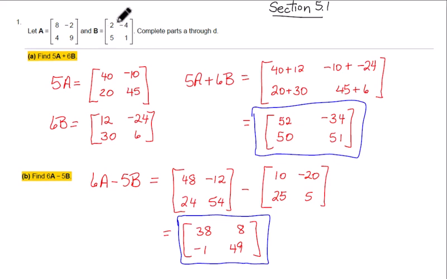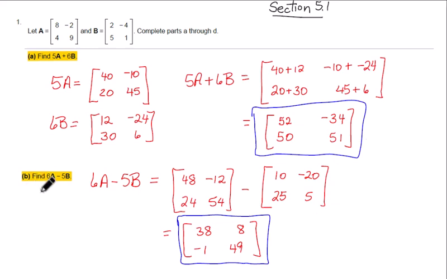And B, here's matrix B, multiply everything in there by 6. And so now if I want to add these two things together, I simply add them in the particular place it's in. So 40 plus 12, minus 10 plus a minus 24, and so on. And so this is the result of 5A plus 6B.